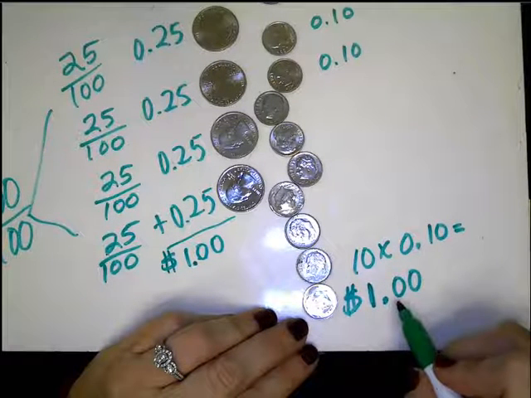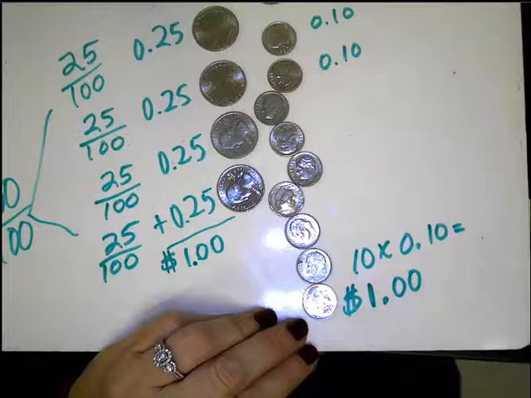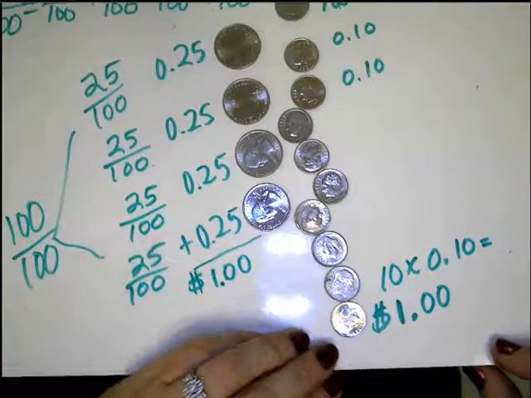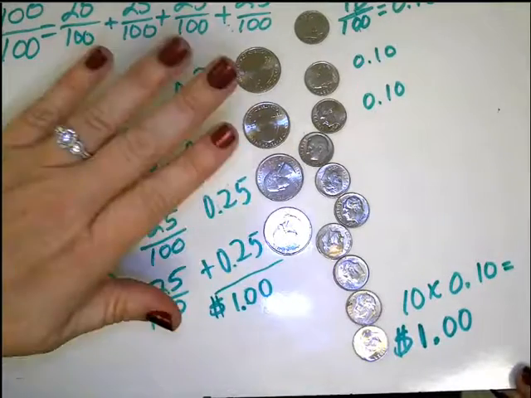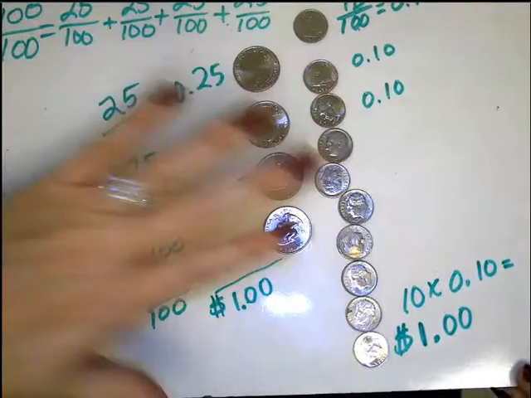All right? Any questions so far? So 4 quarters is the same amount of money as 10 dimes.